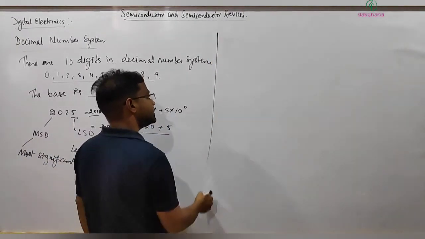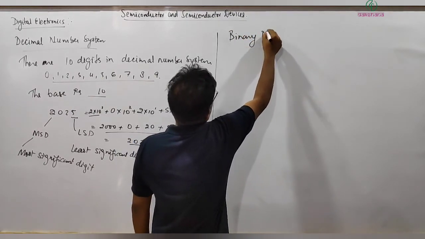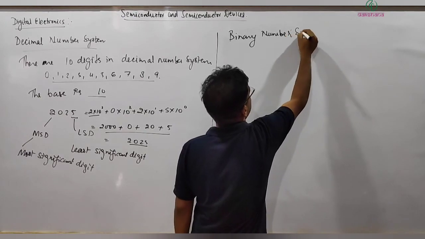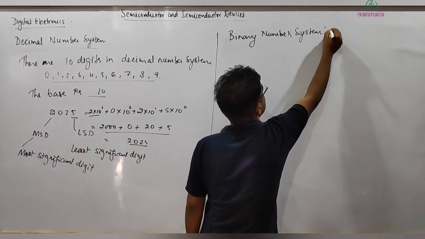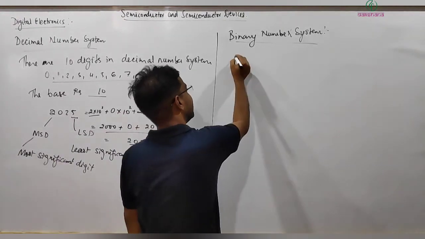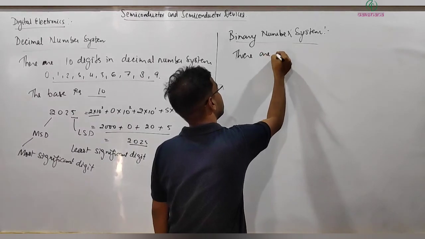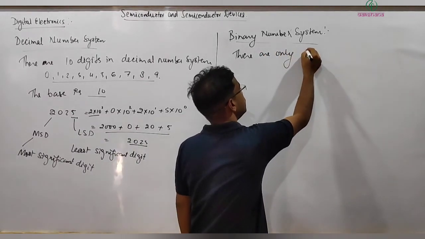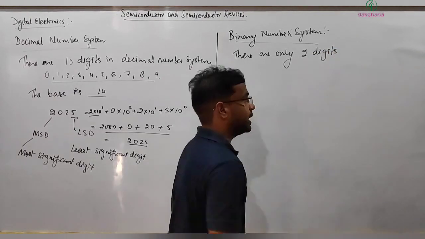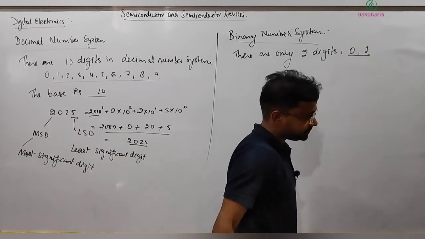There comes another, which is called the binary number system. How is it different from the decimal number system? In the binary number system there are only 2 digits, and those digits are 0 and 1.